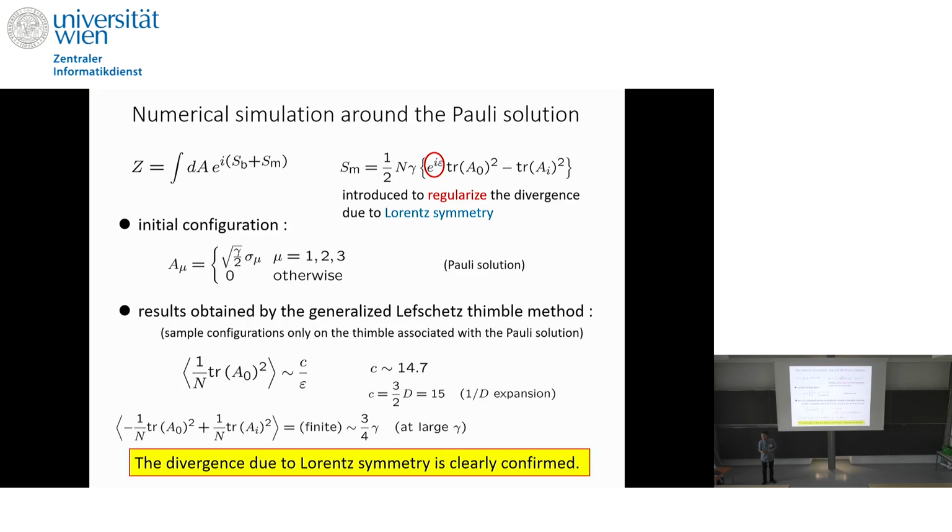Yeah, we can just sum them all. This is a technical issue, but we know how to do it. Here in this study, we wanted to focus on one particular thimble. Yeah, well, if you do the thimble method correctly or more cleverly, then you can sample all the thimbles, all the saddle points. But here, we do it in a rather simple way and try to focus on one particular thimble associated with this particular saddle.